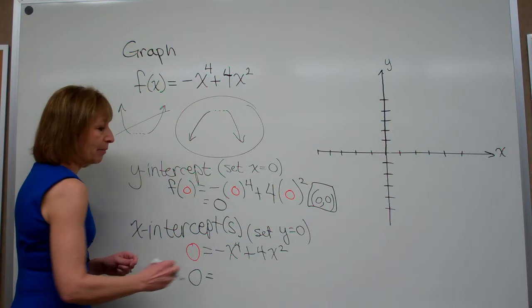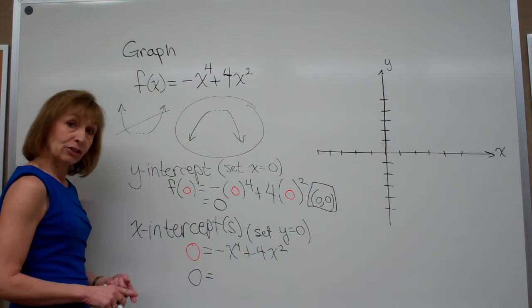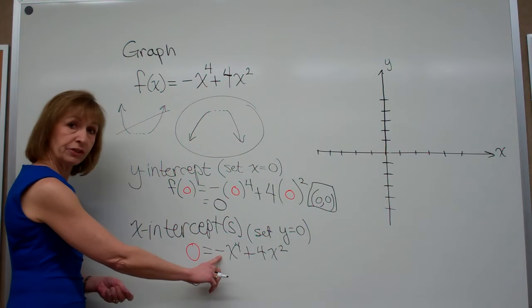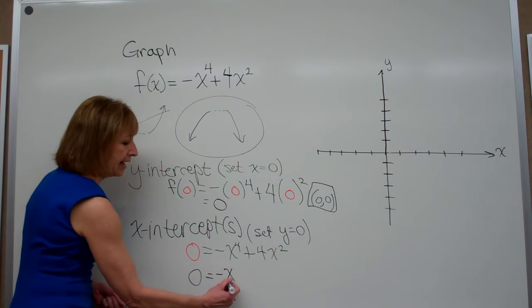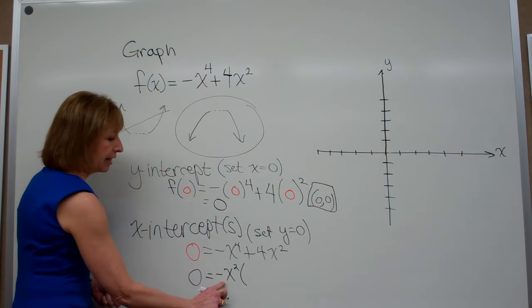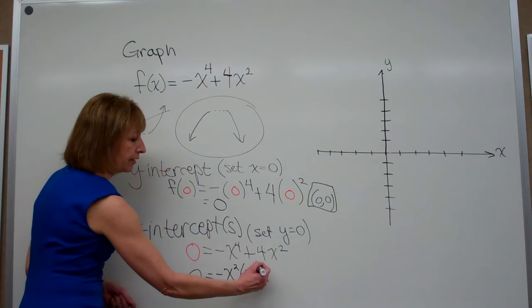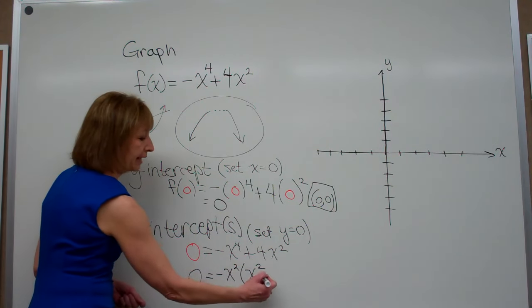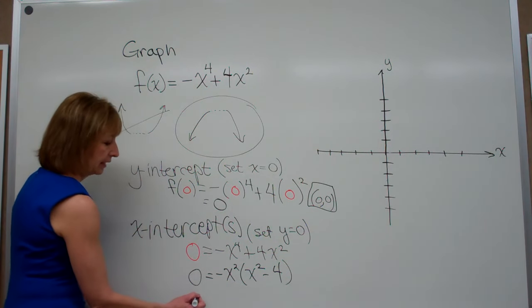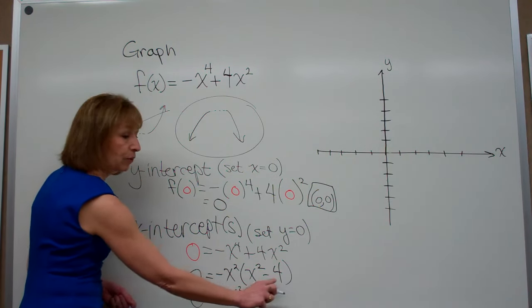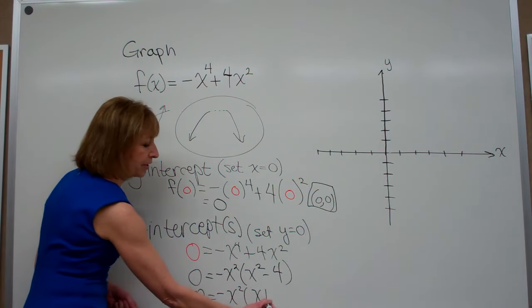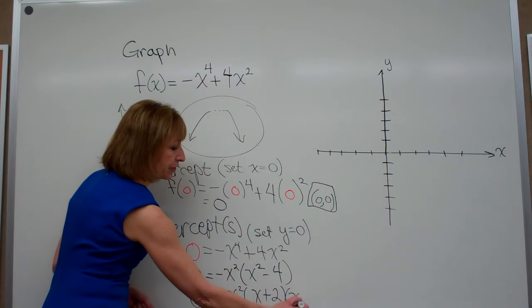I have a greatest common factor of x squared, and because my lead coefficient is negative, I'm going to pull out a negative x squared. So when I divide out a negative x squared, that will leave me a plus x squared and minus 4. And then we have the opposite of x squared times x squared minus 4 factors as x plus 2, x minus 2.